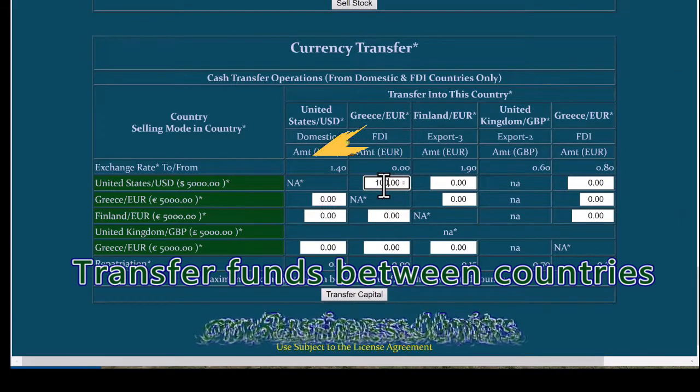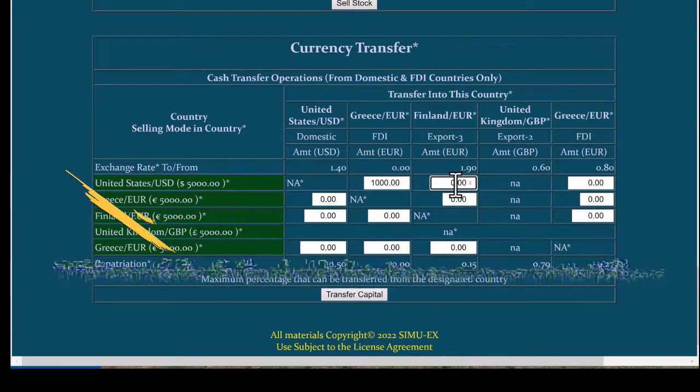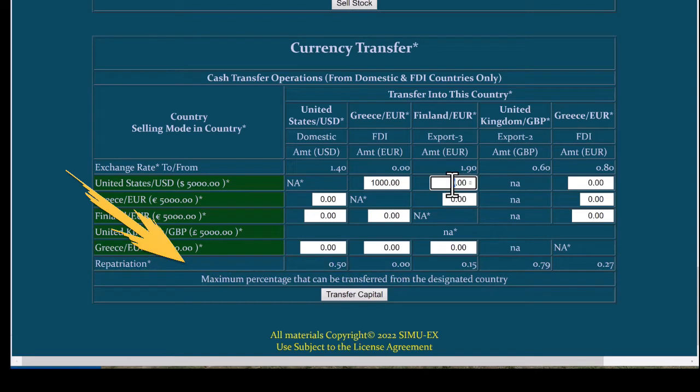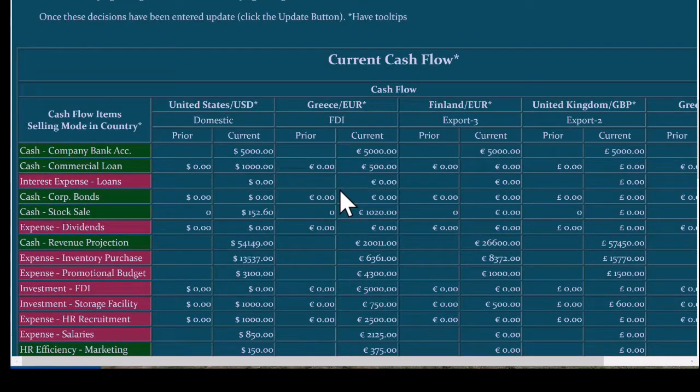In addition to that, repatriation of funds, if you'll notice the very last line of the screen, indicates how much in terms of capital transfer is allowed by that country. And again, this is a variable number. This will be discussed as a range. And so the key behind it may not necessarily be that number, but it will limit you. So you have to be very, very careful, because you may be in a country where it's very difficult to repatriate funds.